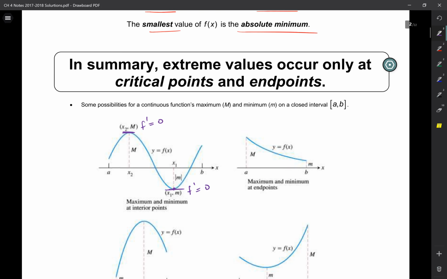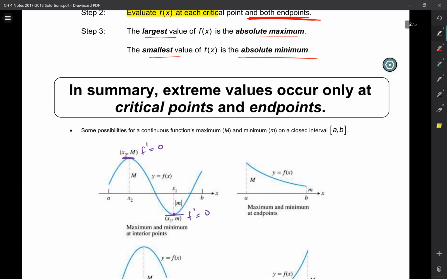I'm confused. Where is the critical point? Is that where it touches? A critical point is where the derivative is 0. Where is the derivative 0? Where you have a horizontal tangent. The tangent here is horizontal, f prime is 0.